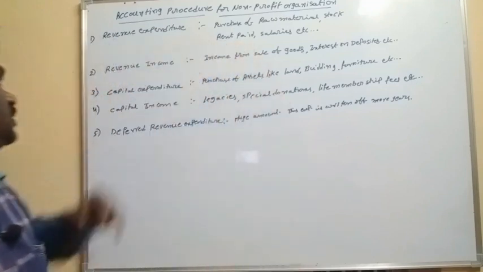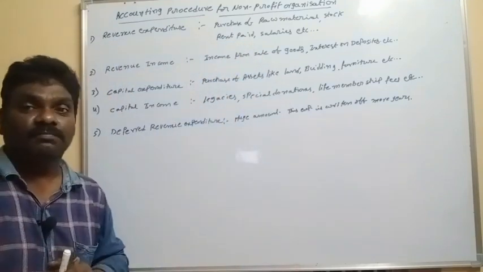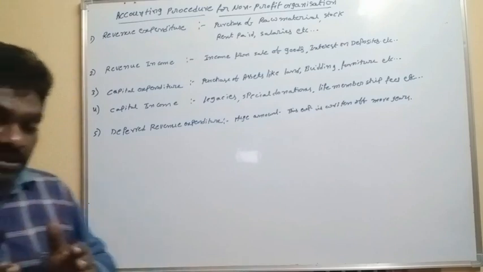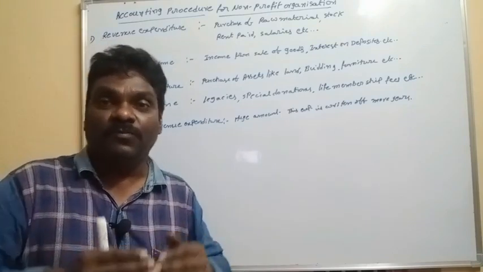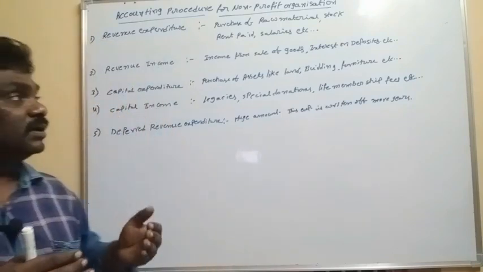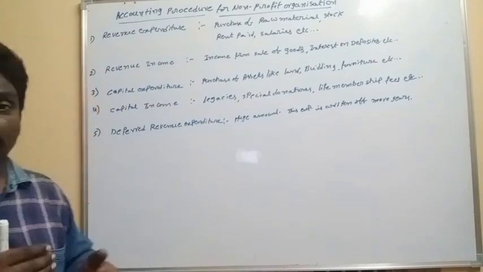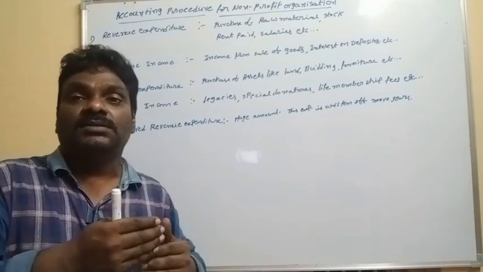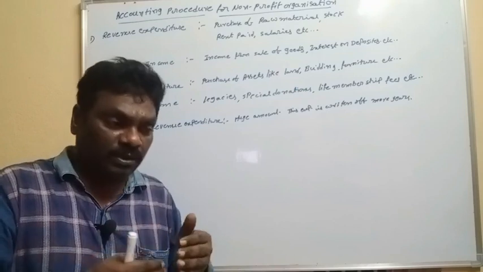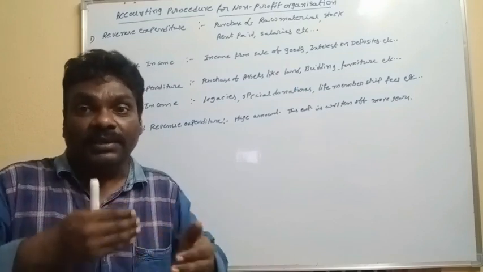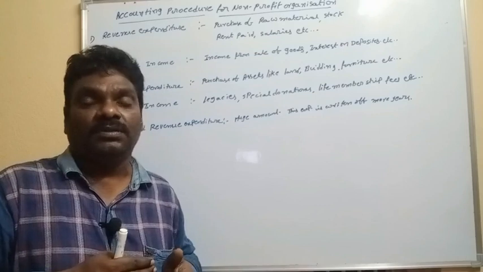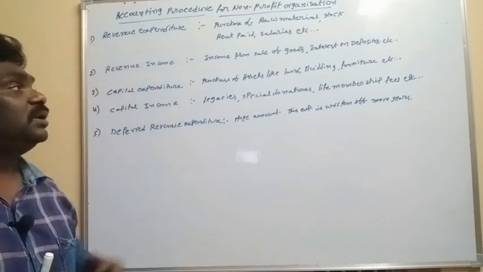Next, revenue income. Income received regularly, such as from the regular sale of goods, is revenue income.